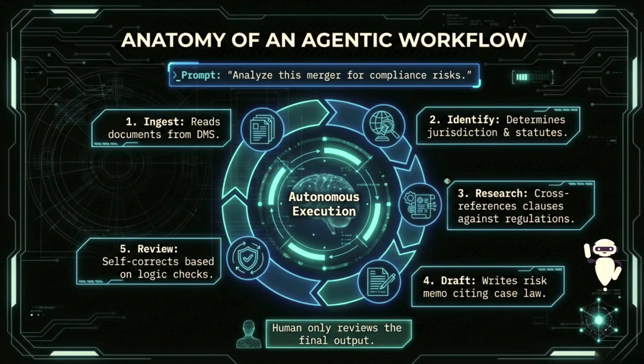This agent will identify and extract the juristic and legal statutes and apply them to the specific merger, and then pass the information to agent 3, the researcher. It will cross-reference the actual contracts against those complex regulations, and then give the result to agent 4, the drafter.